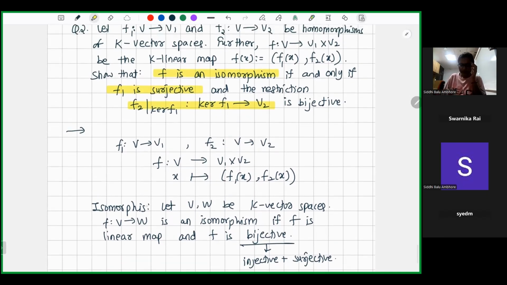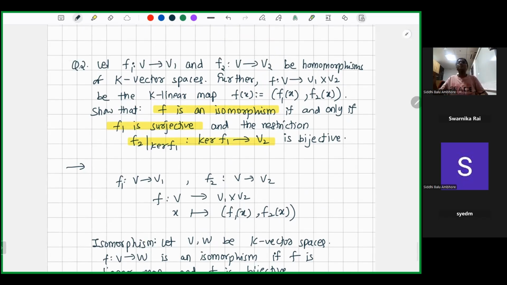Yeah, so what I was saying is that we are given that F is an isomorphism. We have to prove that F is an isomorphism. So when I say that F is an isomorphism, what do I need to check? That F is a linear map and F is both injective and surjective. And this theorem is saying that in order to declare that F is an isomorphism, I only need to check that F1 is surjective and that this F2 map is a bijection on the kernel of F1.